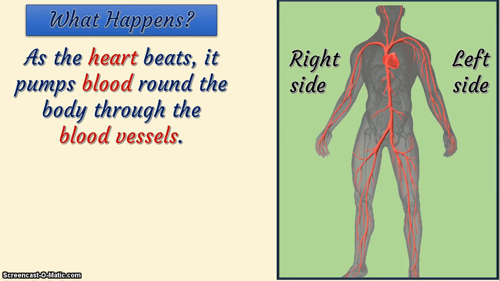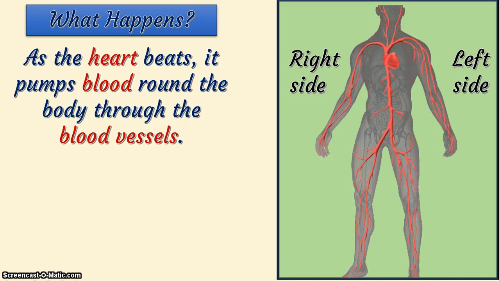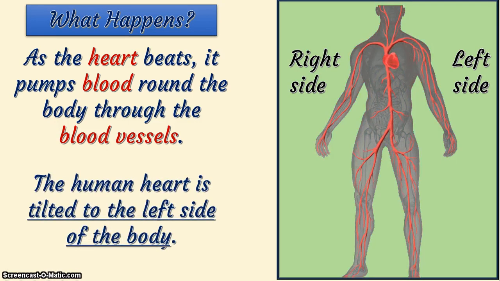As the heart beats, it pumps blood around the body through the blood vessels. You can see the heart, the blood vessels, and the red coloration, which is the blood. You would notice closely that the heart is tilted towards the left side of the body. Note that the heart is tilted towards the left side of the body.